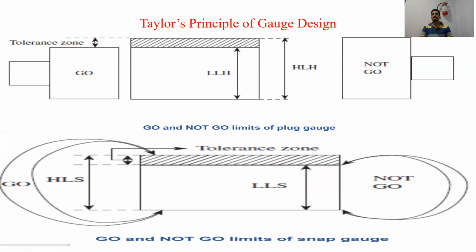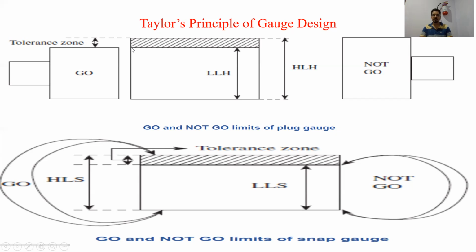Now there are three conditions according to which the hole can be designed. For example, if the hole is made in between these two limits, the go part will enter into that hole.